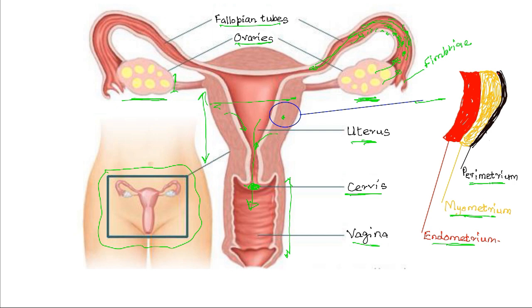The wall also has smooth muscles, and the inner membrane is a mucus-secreting membrane. The function of the vagina is that it accommodates the penis during sexual intercourse. It also provides the passage of the baby during birth, and for this reason, the vagina is also known as the birth canal.